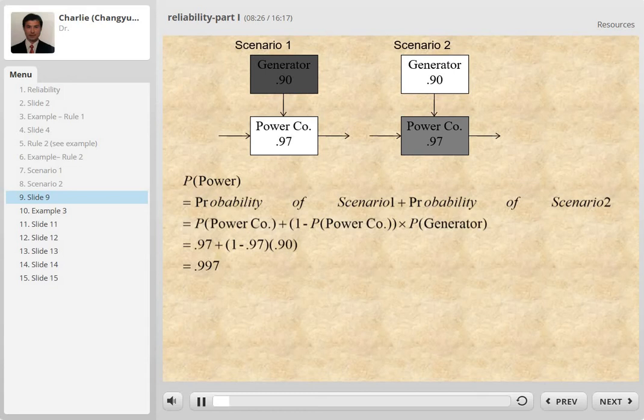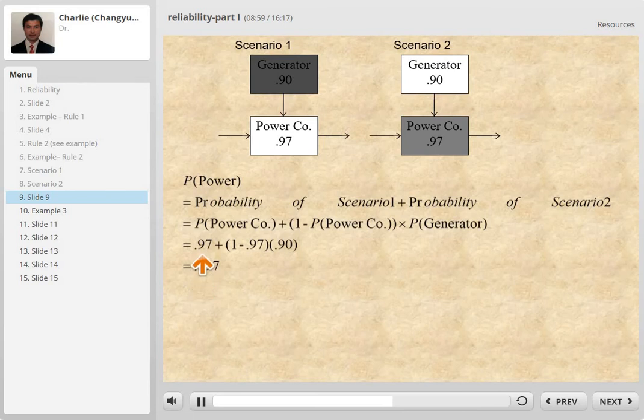The probability that the whole system works, that you always got power, equals the probability of scenario 1 plus the probability of scenario 2. If one scenario works, you got power, right? So it equals 0.97 from our early calculation, plus 1 minus 0.97 times 0.9, which is from our early calculation as well, equals 0.997.